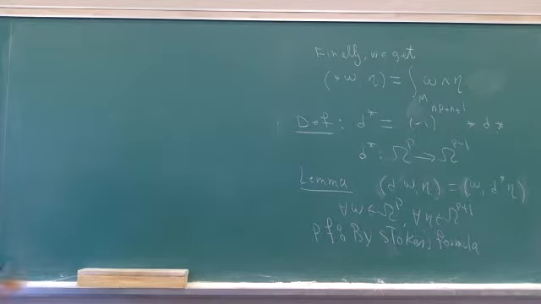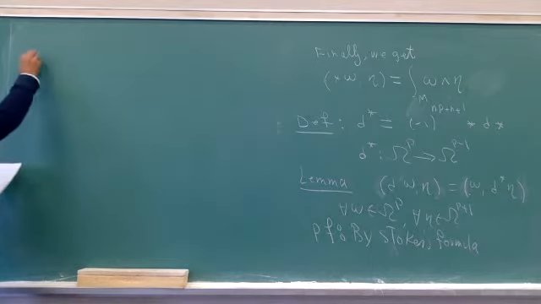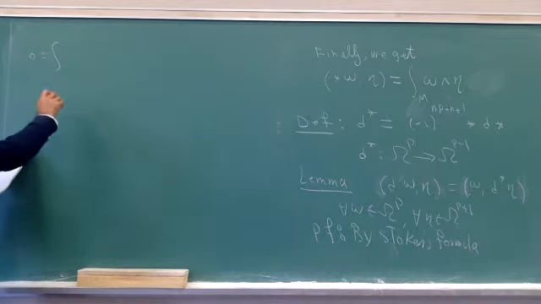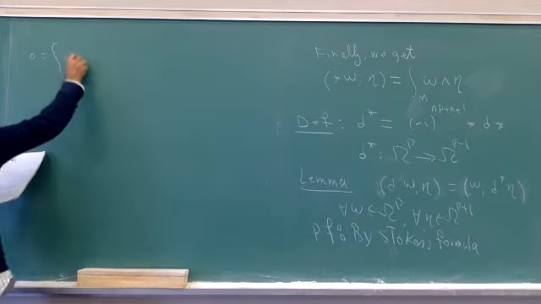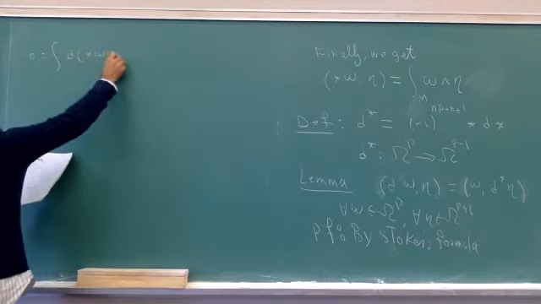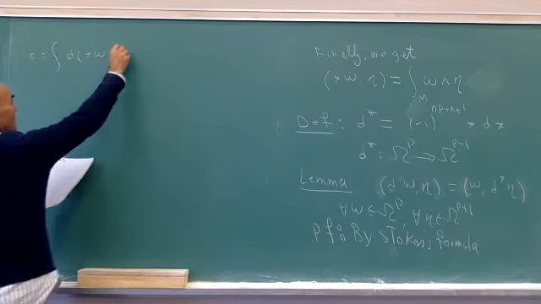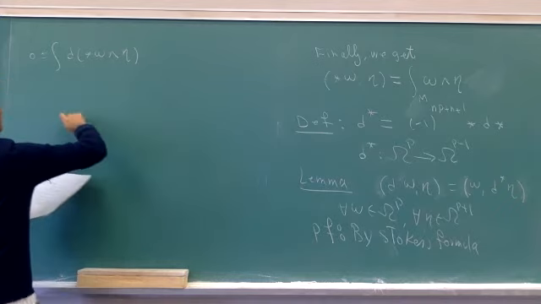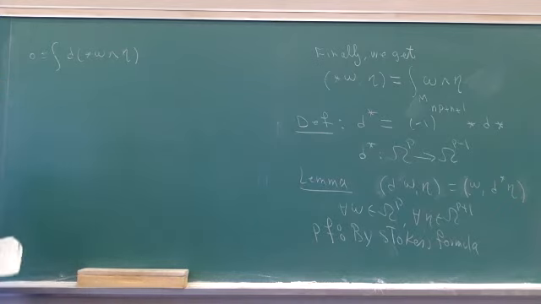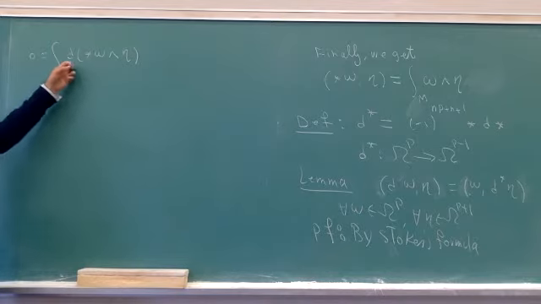So if you apply Stokes, you can write down an equation like this: 0 is equal to the integral of d star omega wedge eta. So this is an exact form.